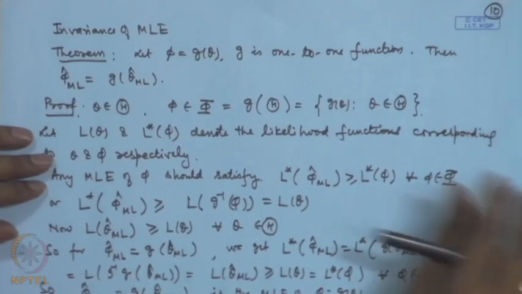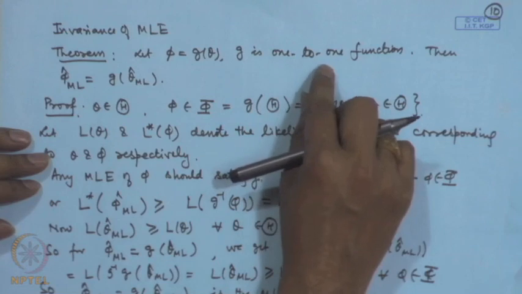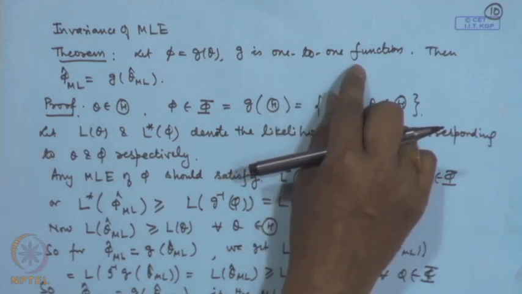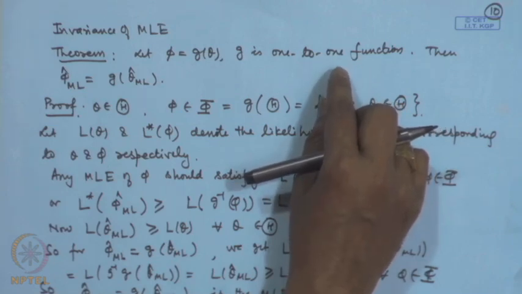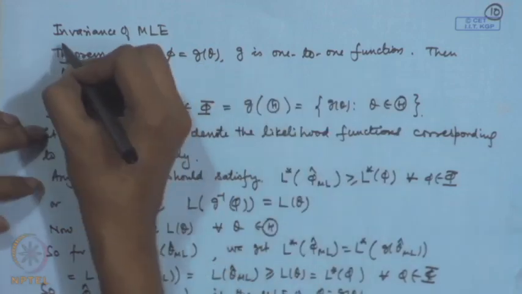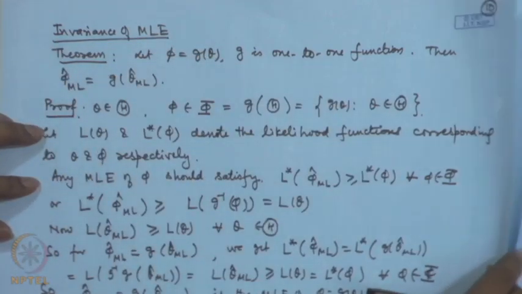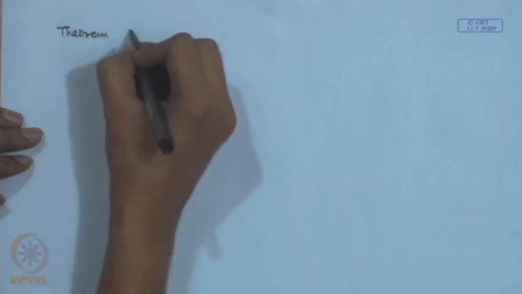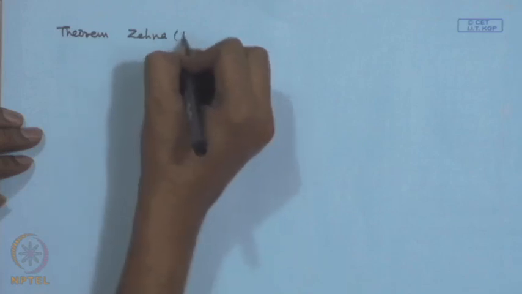Now, naturally this result, we have proved for g being a 1 to 1 function. However, even if we have any function the same invariance property can be used. A justification for this was provided by Zehna in 1967. I will state the result without proof here.